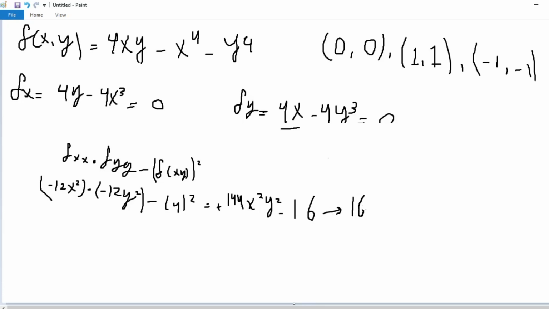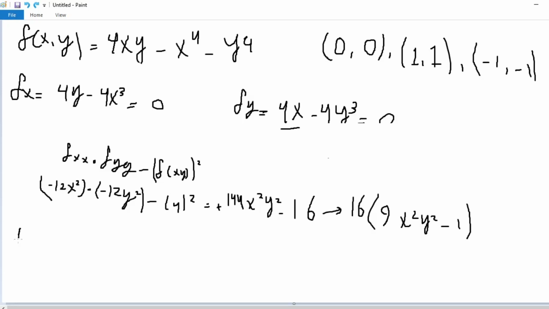So if I take 16 out, it's going to be 144 divided by 16, so it's going to be 9, then x squared y squared, and then negative 1. So this is the final answer for the discriminant. So let's start with the first critical point, 0 comma 0.